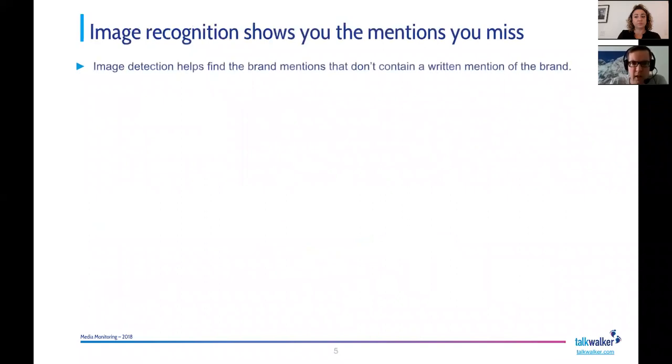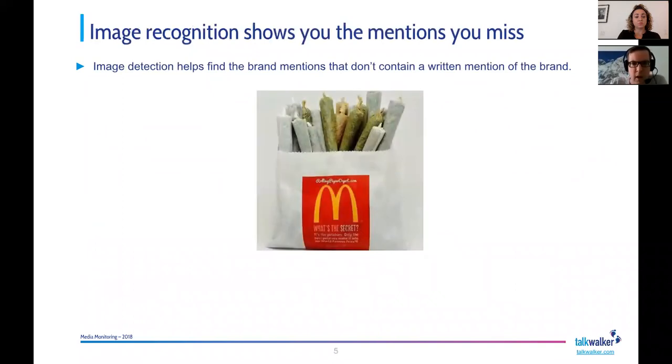Image recognition is one of the things we have that's a bit more bespoke to us. Image detection helps you find the brand mentions that don't mention your keyword. We've got an AI aspect to our tool, which allows us to detect brand logos. For example, in this case, this was an image from Instagram that was detected. There was no mention of McDonald's anywhere in the text.